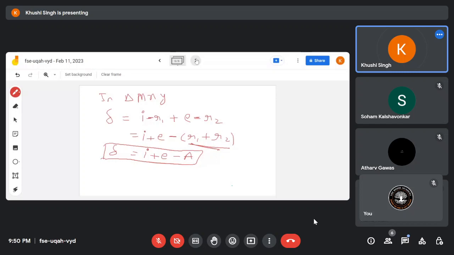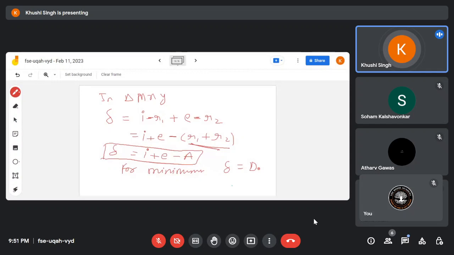We say that for minimum deviation, my del will become my dm. Dm meaning minimum deviation. My del is the maximum deviation, and my dm is my minimum deviation. Remember this. Understood, na? If this angle of deviation is minimum, that means my line will lie exactly on this.